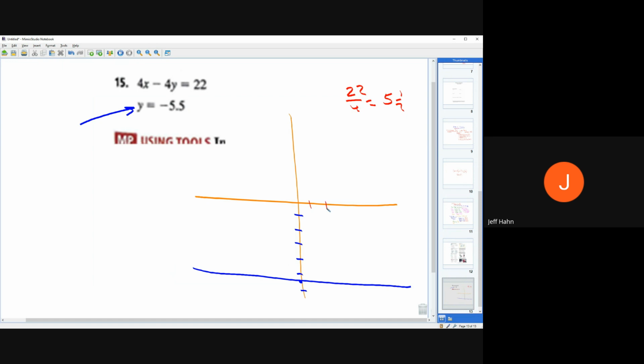It crosses the y-axis at negative 22 over 4, which is negative 5.5, which lo and behold ends up being that exact spot right there. The answer is there at 0, negative 5.5.